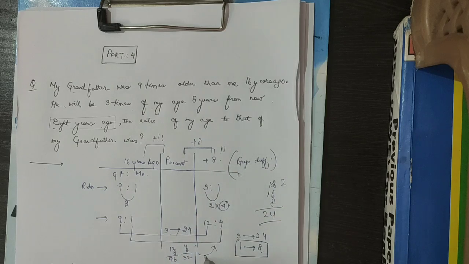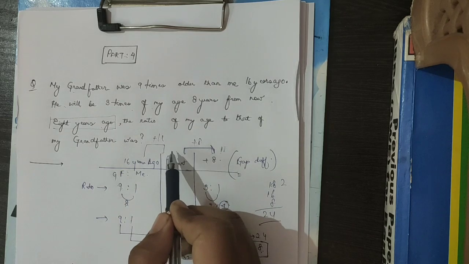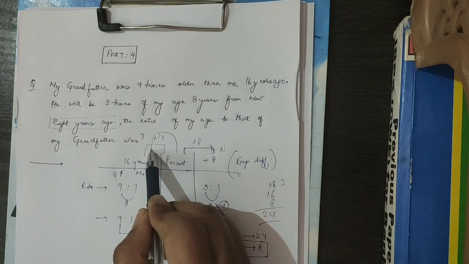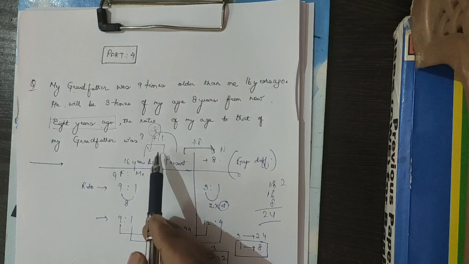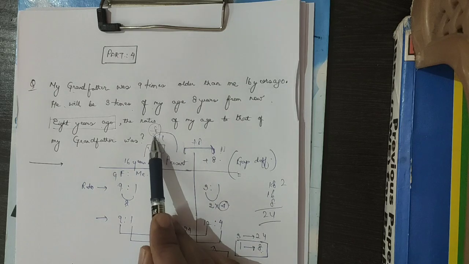After 8 years the values became this. So they asked 8 years ago. From present to 8 years ago is another minus 8. That means how many years gap? From 8 years ahead to the present is 8 years, and from present to 8 years ago is another 8, which means 16.